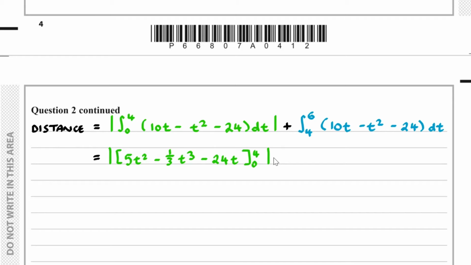And then we add on 5t squared minus 1/3 t cubed minus 24t evaluated between 4 and 6. So this is what we will be calculating.